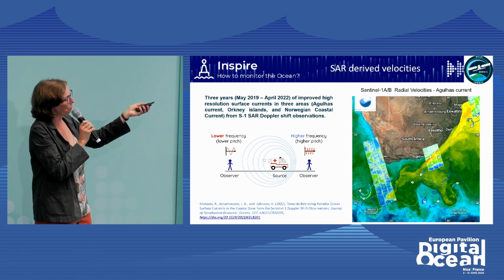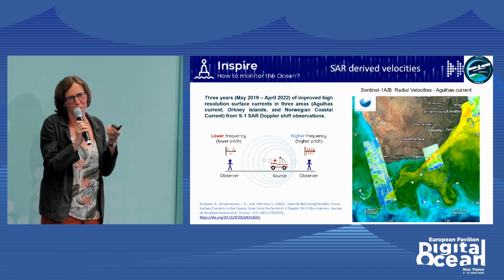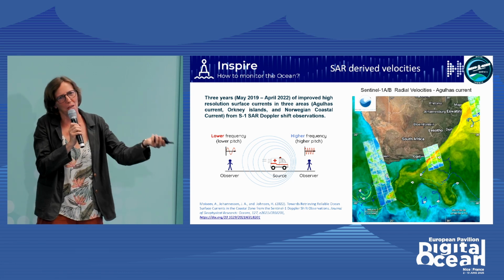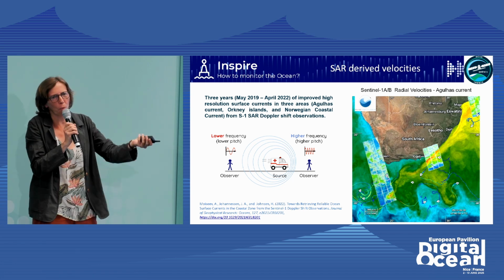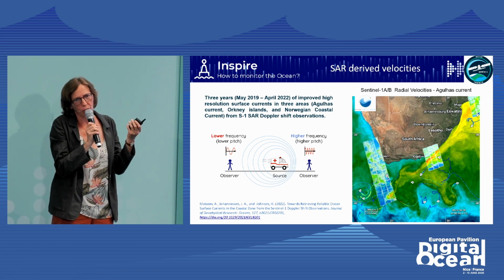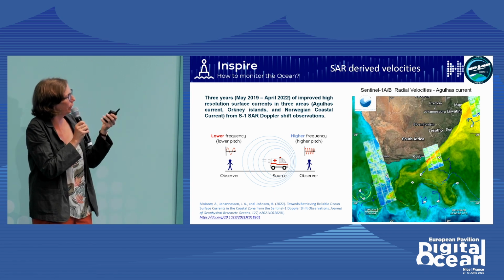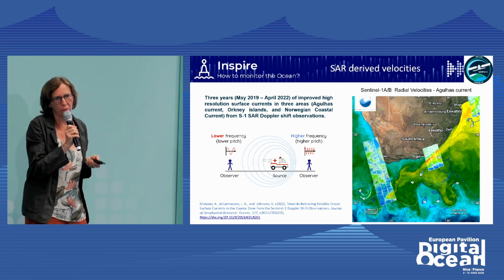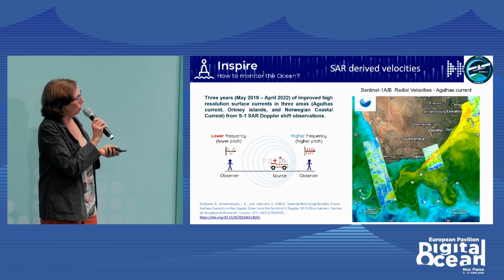So how does it work? You all have experienced the Doppler shift. For instance, when an ambulance is coming toward you, you will hear a sound with a higher pitch than when the ambulance is going away from you. So this is what we call the Doppler shift.